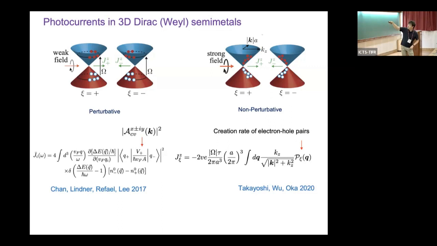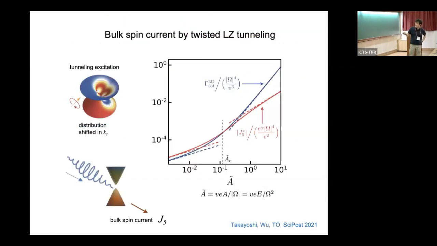Here, my excitation is more continuous because energy is not conserved in a time-dependent perturbation. Okay. And this is how a crossover takes place when I make the field larger and larger. This is detailed, so you can find it in this paper.